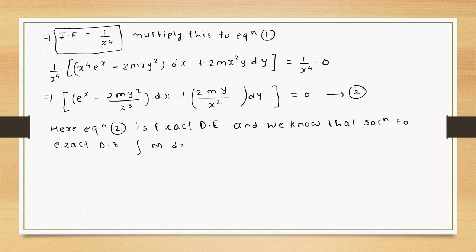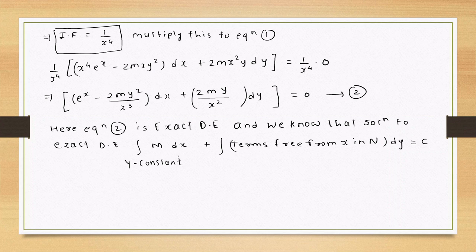Integration of M dx, y treated as a constant, plus terms free from x in N dy is equal to c.